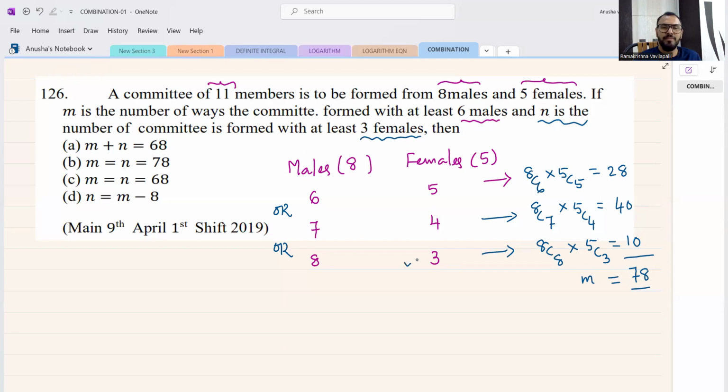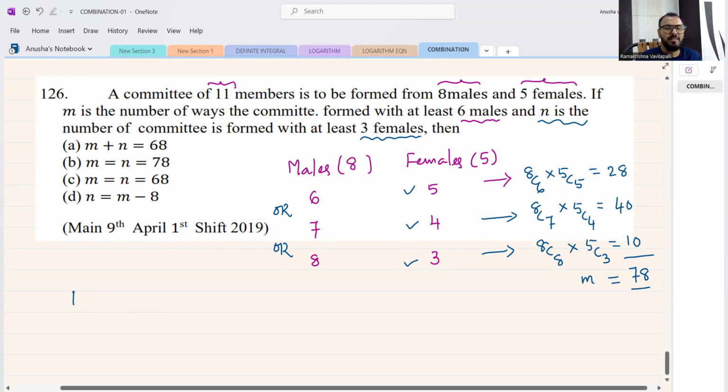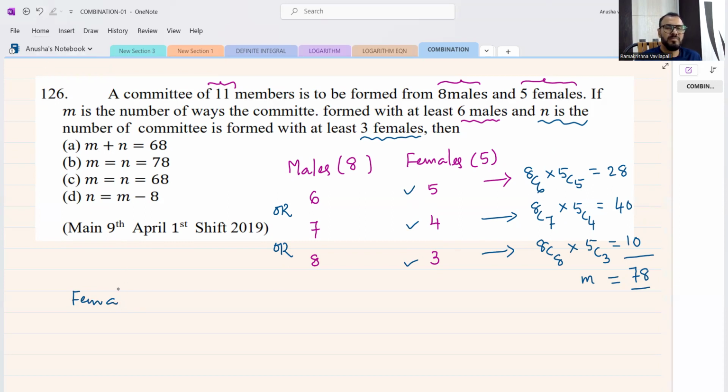Means 3, 4, 5. We got the same table. If you want, I'll write females and males.